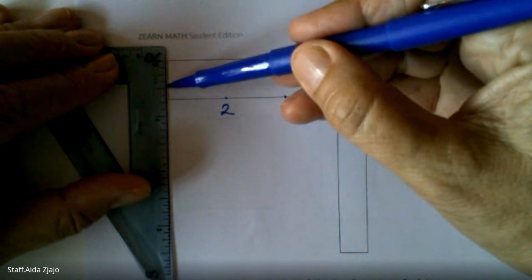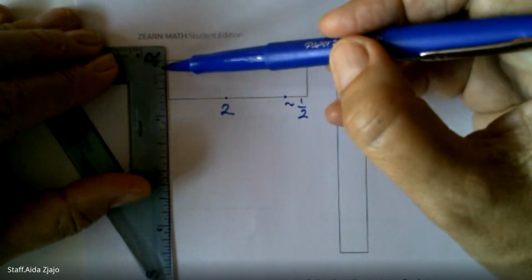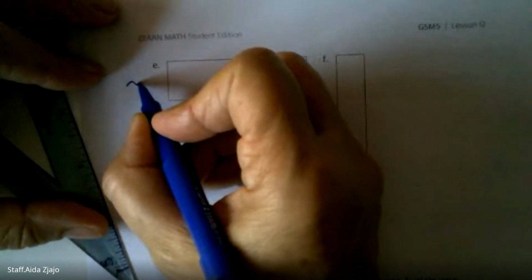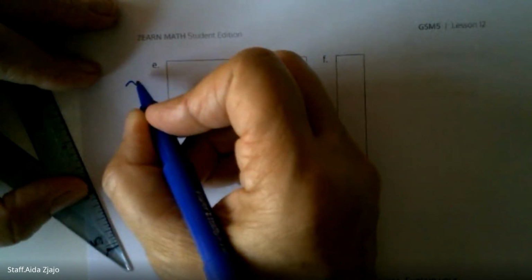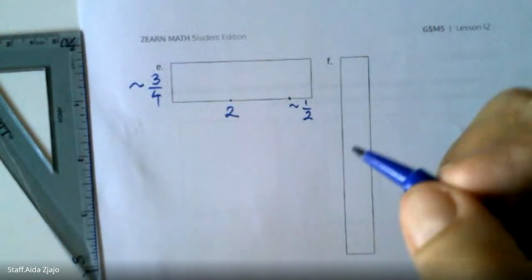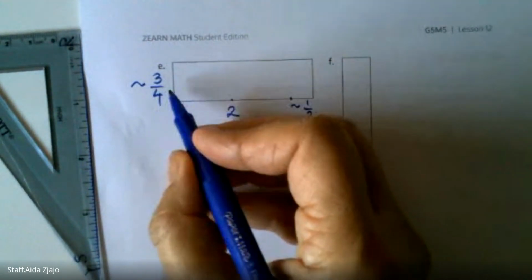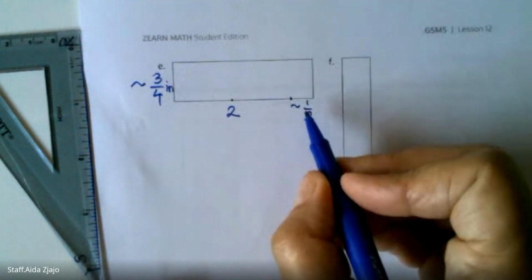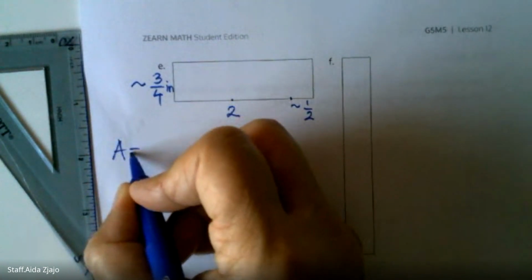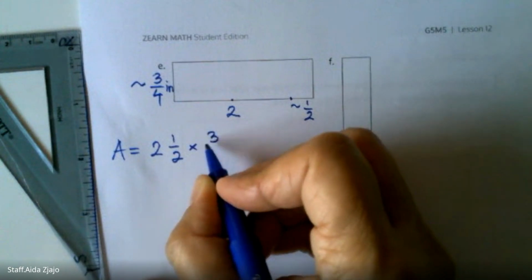So I'm going to say that this is around to the nearest 3/4. This line represents about 3/4. So you can measure correctly or you can estimate. So this is about 3/4 of an inch, and this is about 2 1/2 inches. So area equals 2 1/2 times 3/4.